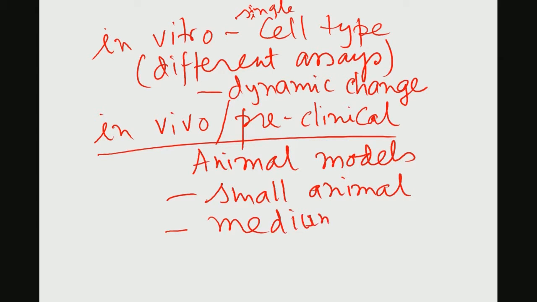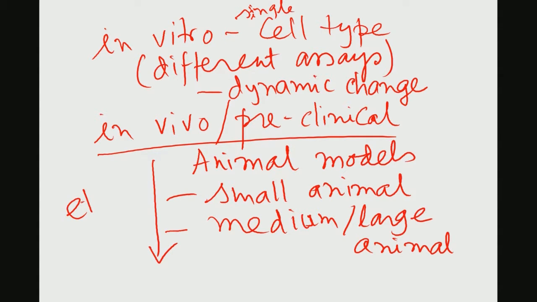The results of the small animal experiments are to be validated in a medium or large animal model. And ethical committee clearance becomes tougher as you go from the small animal model to the medium or large animal model.